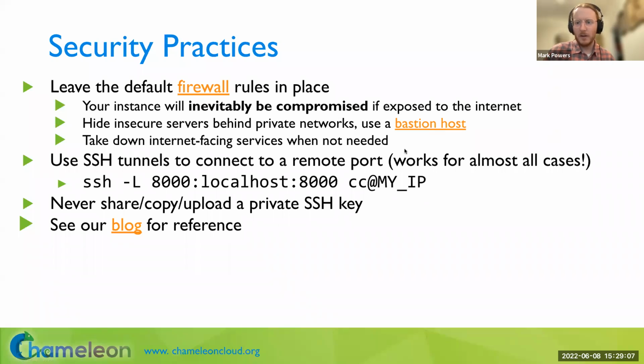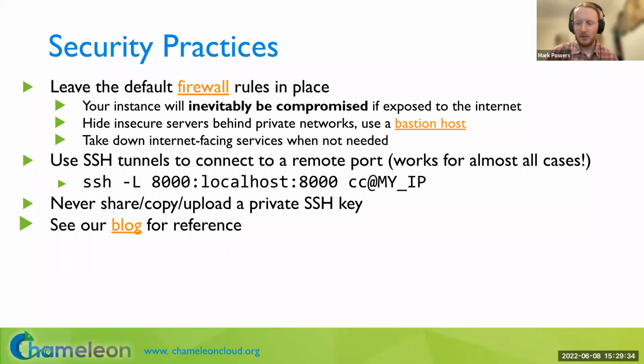If you are running insecure things, you should really limit the amount of time that they're running at all. Make sure to not leave vulnerable things up any longer than you have to. But one thing that is really great, if you do want to run something internet facing, is to consider if you actually need to update the firewall in the first place.